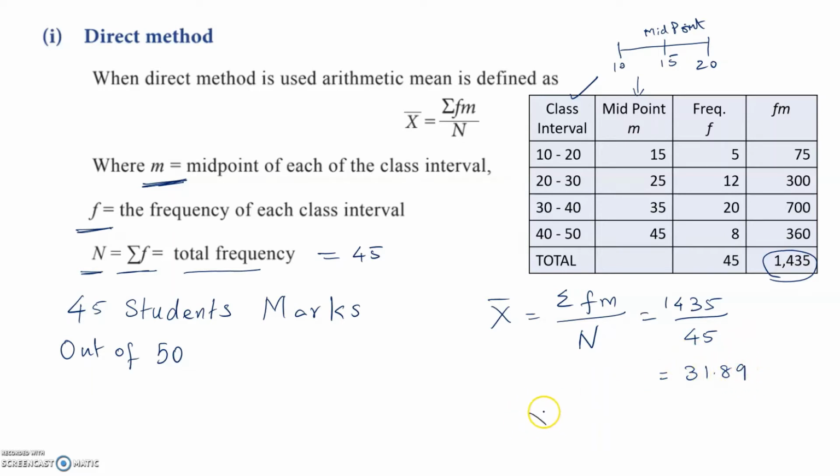So you can say that x bar is approximately equal to 32. This would be your arithmetic mean for the data given here using the direct method. Next, let's see the other methods.